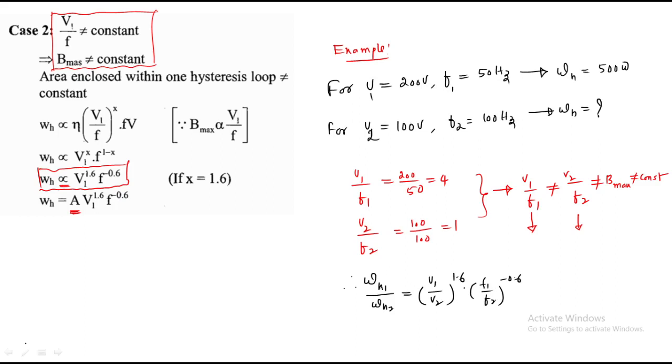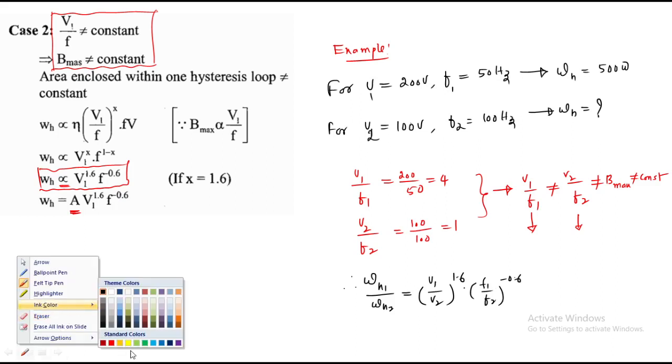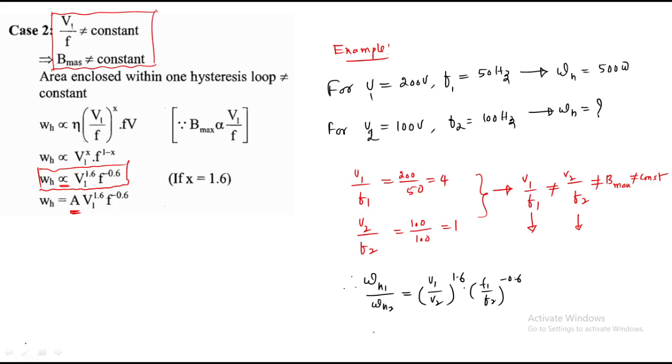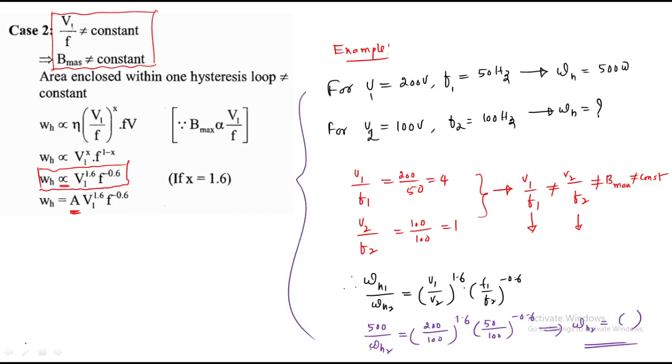Then substitute: WH1 is 500, WH2 we don't know, which equals V1 by V2, 200 by 100 power 1.6, and F1 by F2, 50 by 100 power minus 0.6. So from this you are going to get the value of WH2. Like this you can calculate the hysteresis loss for different values of voltage and frequency. This is about case 2.